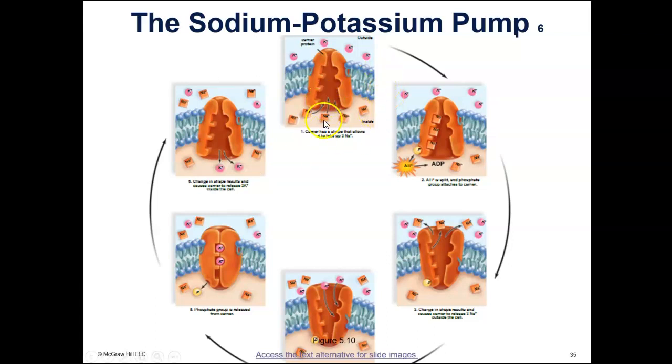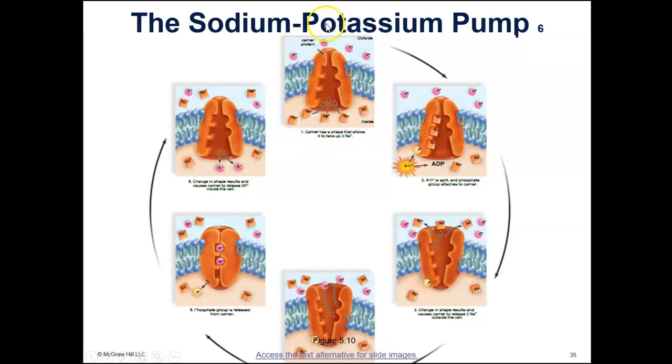The picture is misleading because it shows sodium concentration high inside the cell and potassium high outside. I honestly think the person who illustrated this just messed up. But you have to remember that the sodium is being pumped out, even though sodium is high outside.